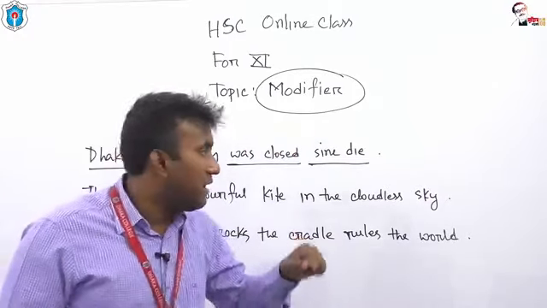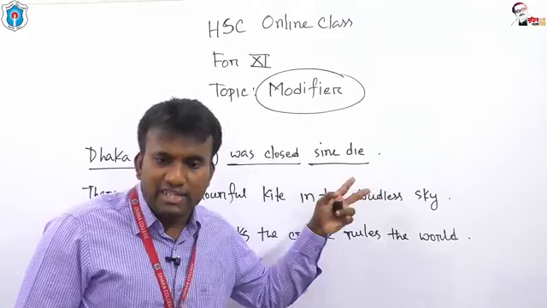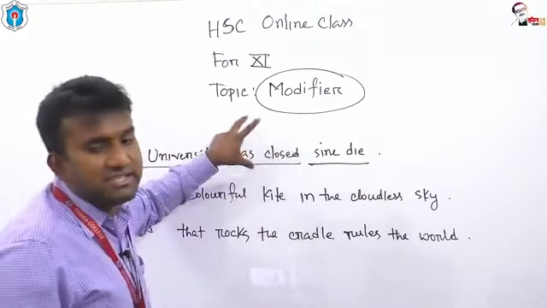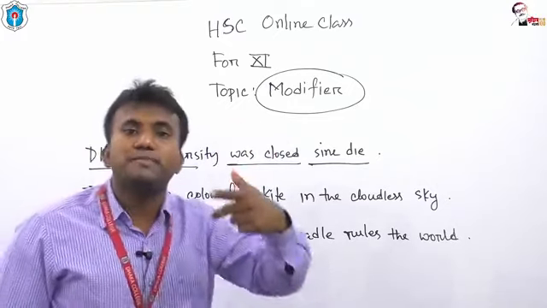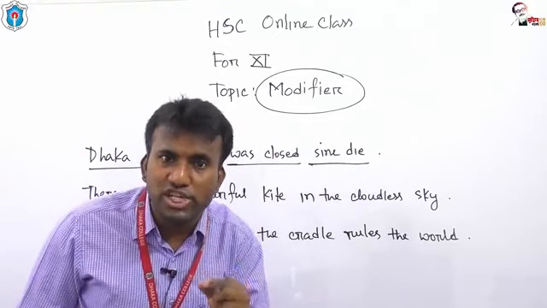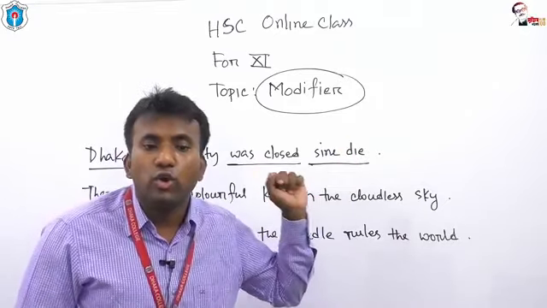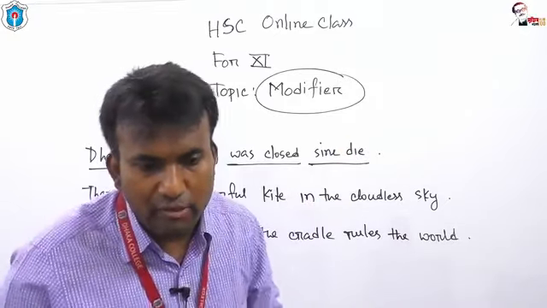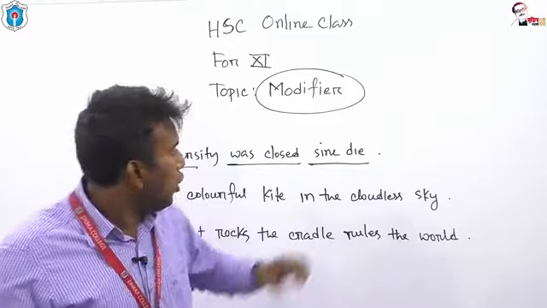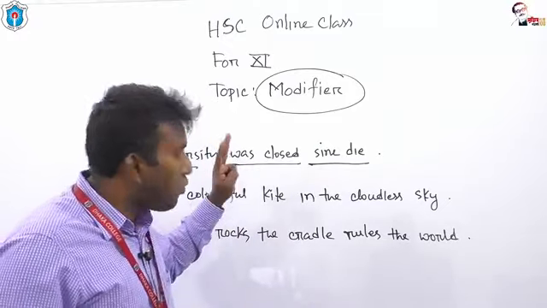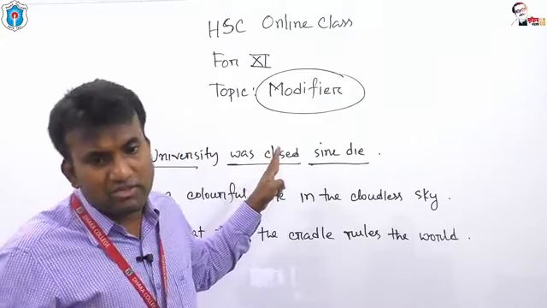Who can tell me? Sine die is a phrase and this phrase influences some portion of this sentence. Which portion is being influenced by sine die? Who can tell me, my dear students? Write in the comment box. Was closed is a passive structure.